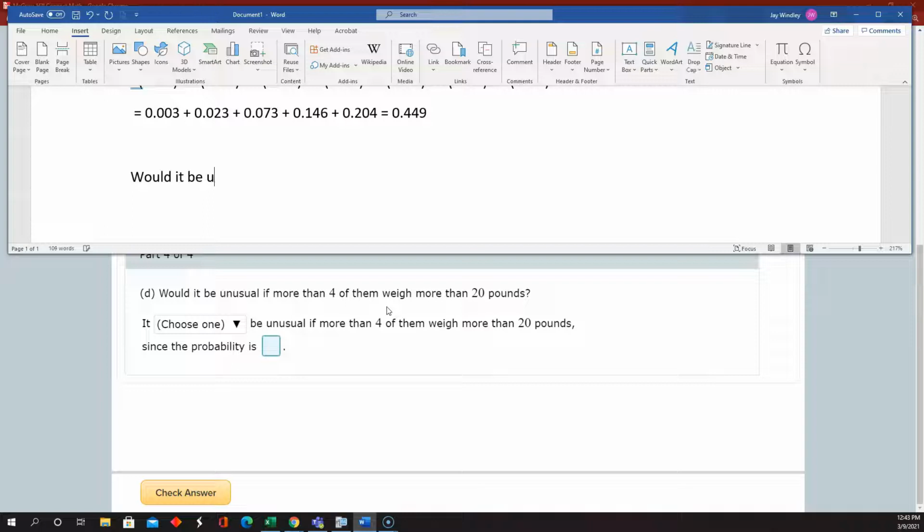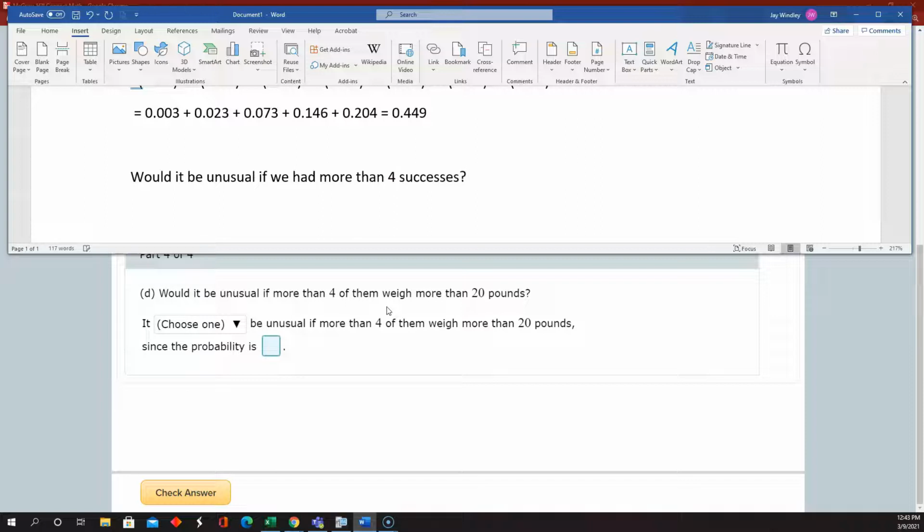Would it be unusual if the number of successes were more than 4?